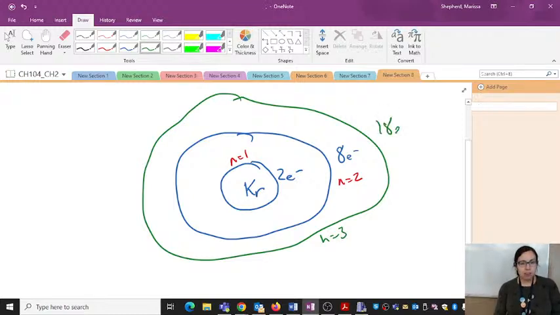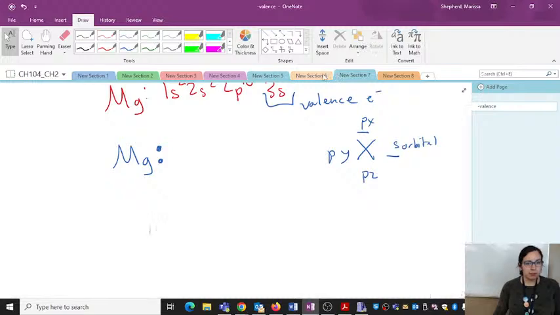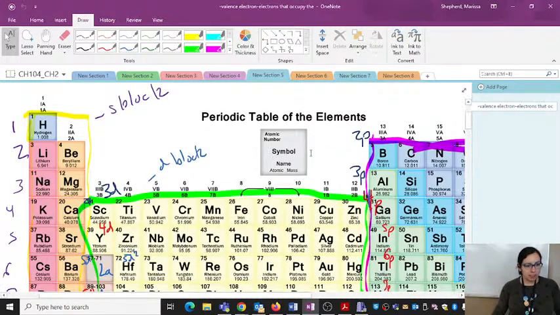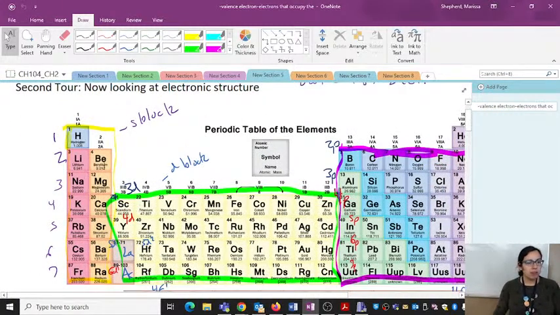And usually they say there's 18 electrons. You can see where the 18 comes from, since we have 2 from our s, 6 from our p, so now we're at 8, and then 3d, so that's 10 more to give us 18.